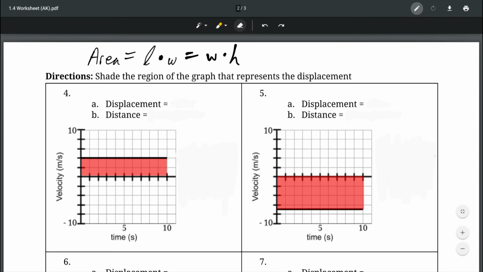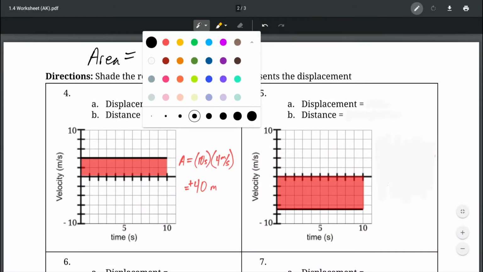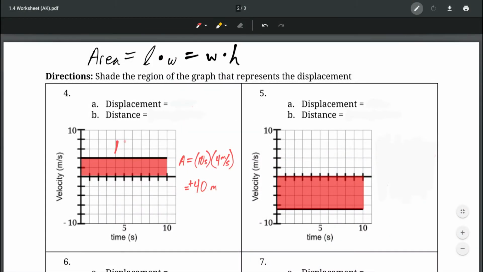And so in this first example, we have 10 seconds, which is the length. And then the height of this is 4 meters per second, and that's due to the scale. Each tick mark is 2 meters. And so then if we multiply those two, we find the product. We get a displacement of positive 40 meters.